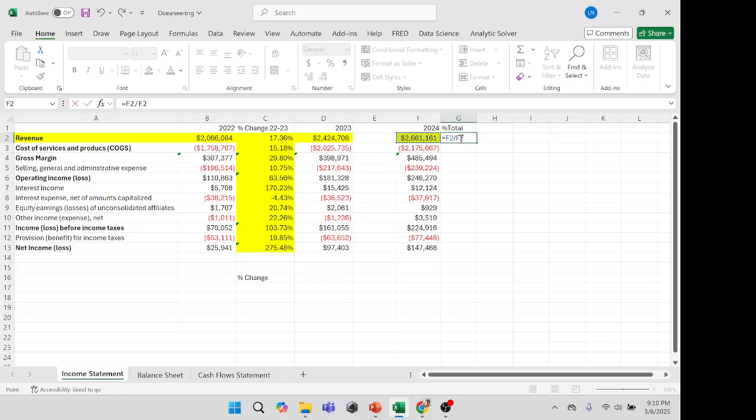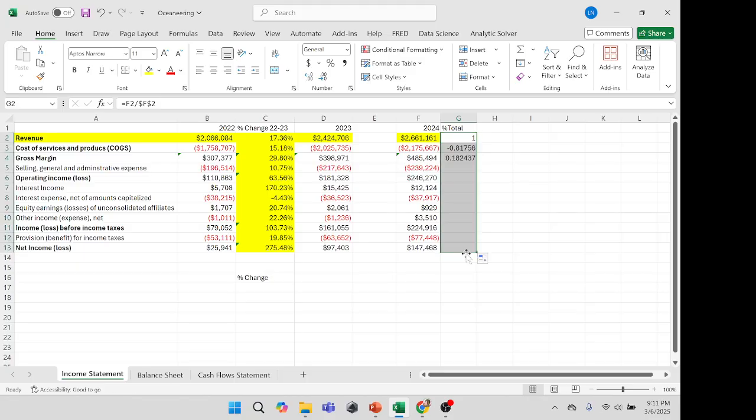When I have this F2, I would click F4 and have these two $ signs around the F2. Why? Because I'm going to show you here.